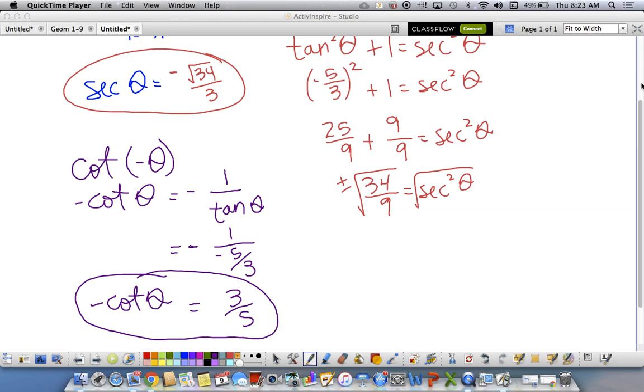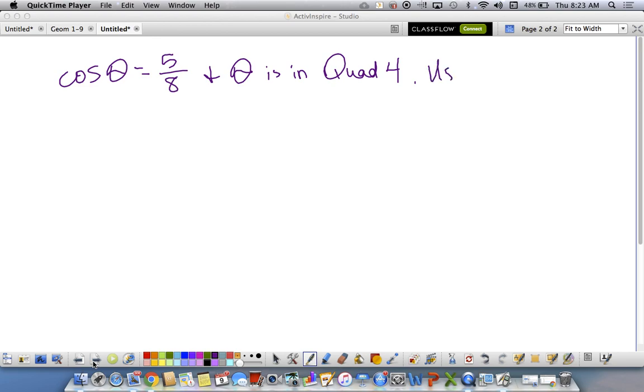Okay. All right. If I give you another one, let's say the cosine theta. Cosine theta equals 5/8. And theta is in quadrant 4. Can you use trig identities to find exact values?